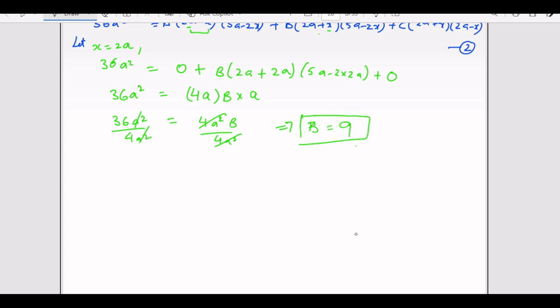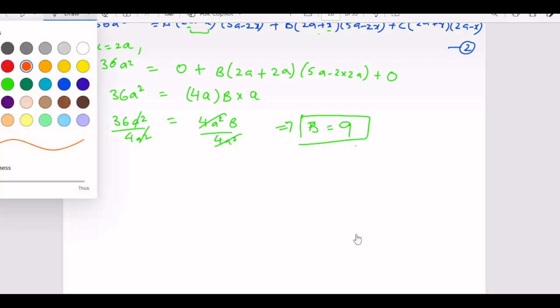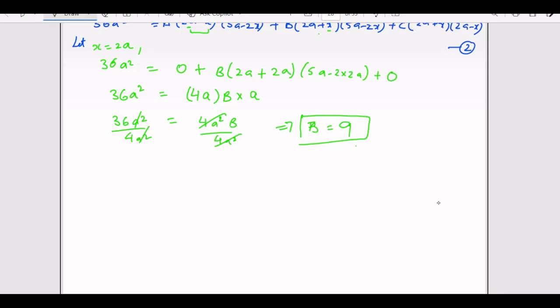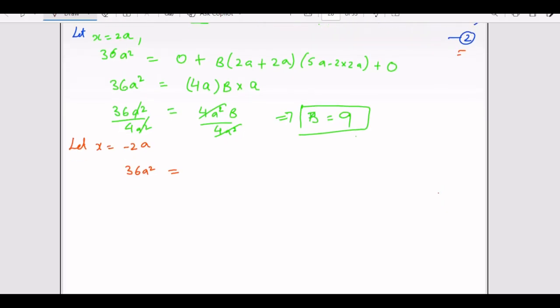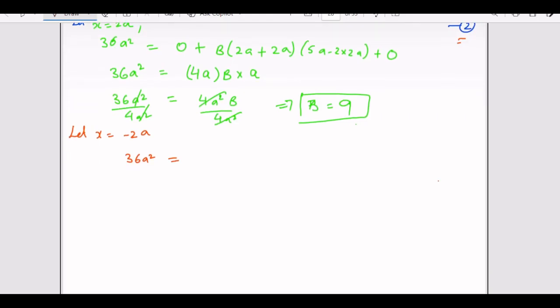Right. Now we can substitute another value. The value that we have here, as let's say x is equal to -2a. When x is -2a, we will have 36 from equation 2. From here I'm using this one here, 36. It is going to be, the first term is going to become x is -2a.